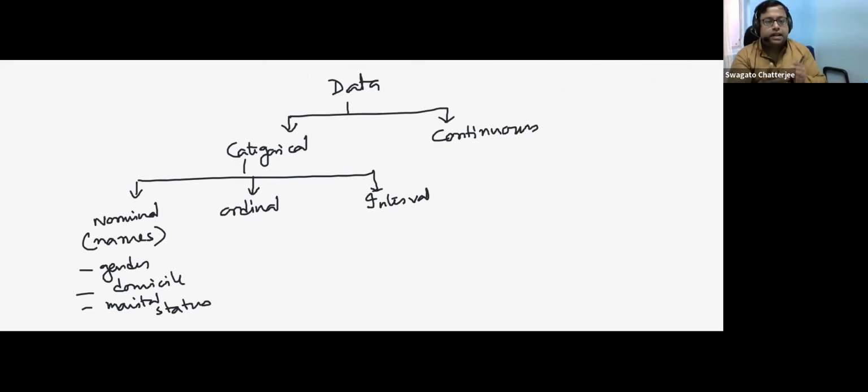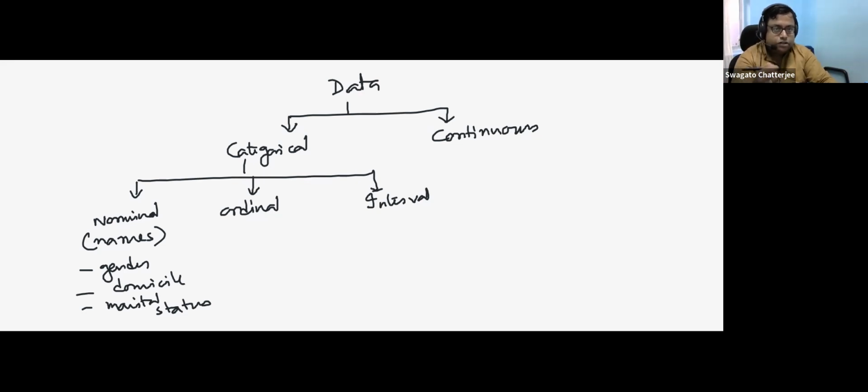For example, male and female and others, you cannot define an order in it. Or your East India, West India, North India, South India, Central India, you cannot define an order in it. So that is called the domicile. So that is called nominal variables.